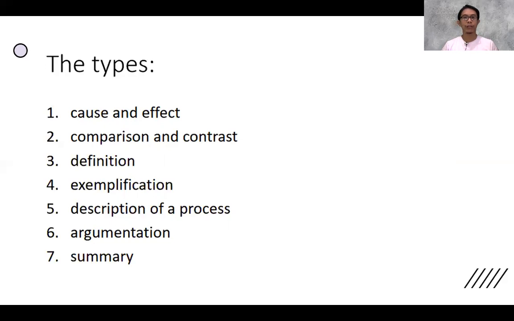And argumentation, this is important later when you start working on your thesis. And finally, summary. Summary is a very common type of essay as well. Usually you will find this summary in an abstract. When you have an article and there is an abstract, the abstract is actually the summary of the entire article.